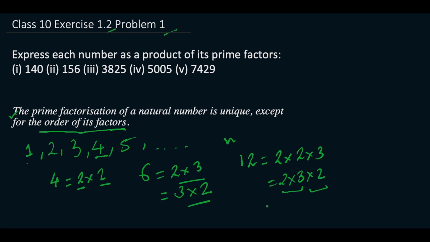We could also have written it as 4 into 3, but 4 is not a prime number, so we are forced to write it as 2 into 2 into 3. So now I think you know the difference between composite and prime, and how to do the factorization. Now let us proceed with our first question, that is 140.